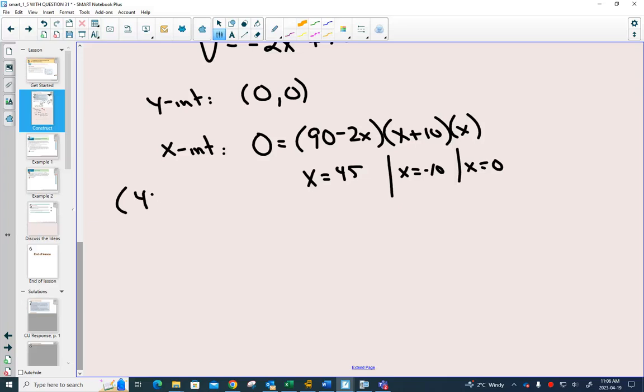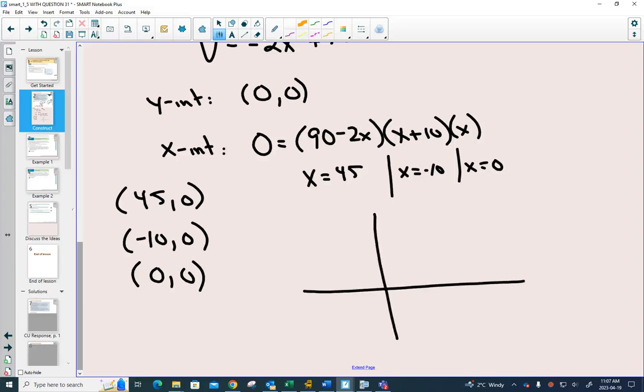And so we've got 45, 0, negative 10, 0, and 0, 0. So with our end behavior and all of our intercepts, we have enough information to graph this.